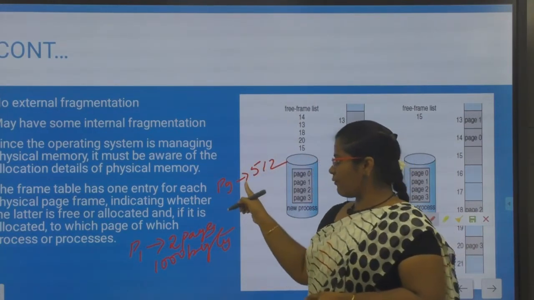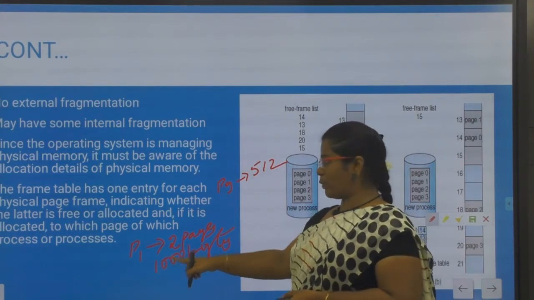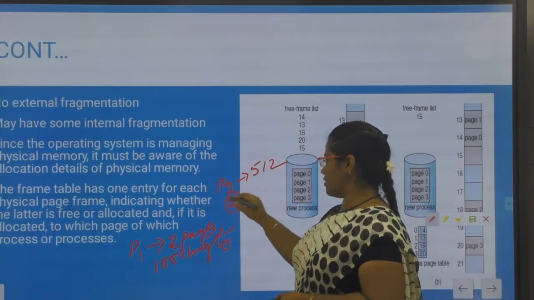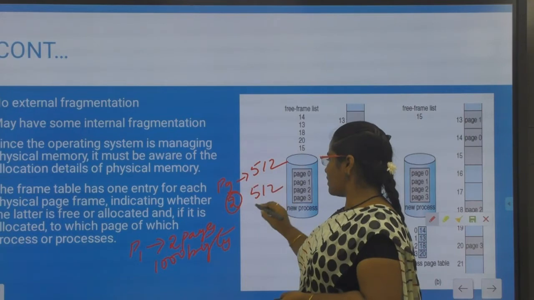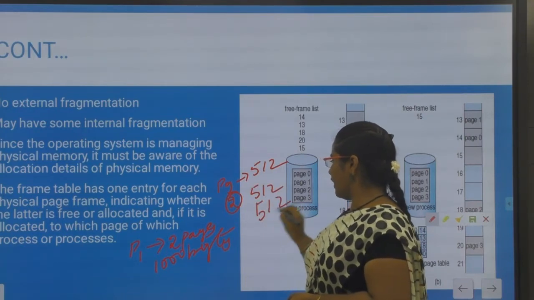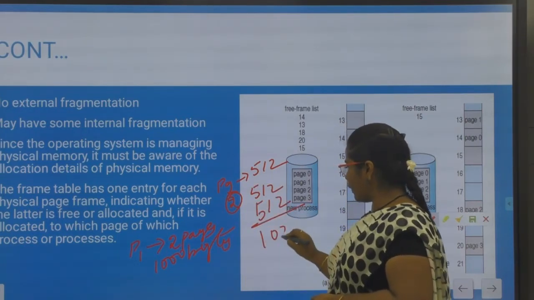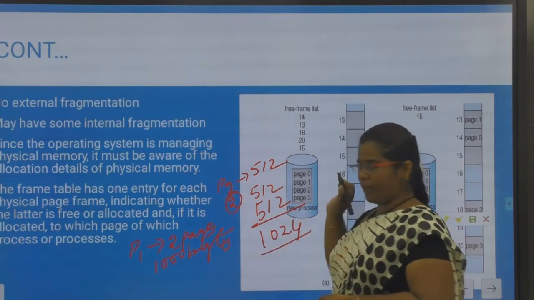The total number of pages required for my process will be 2 pages, 512 plus 512, so totally I will have 1024 bytes of memory.